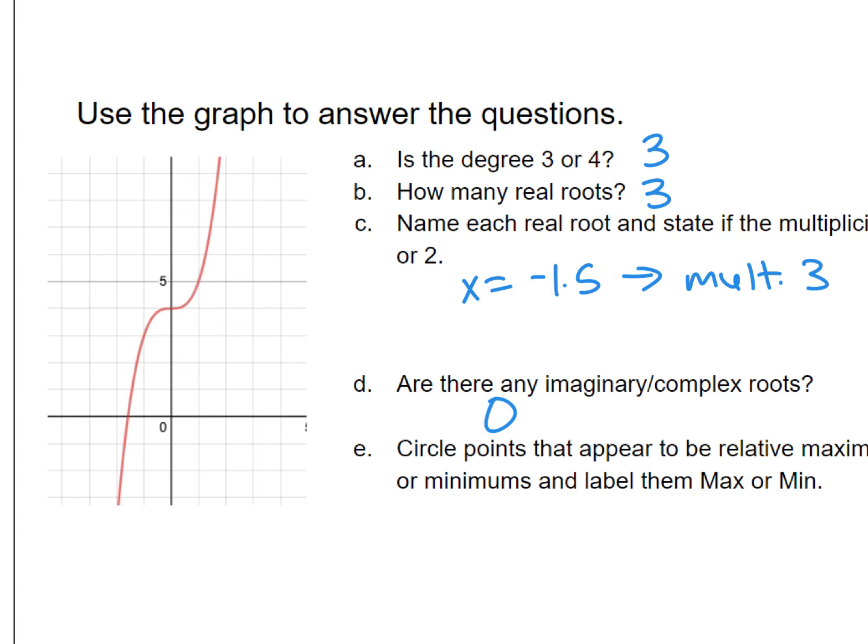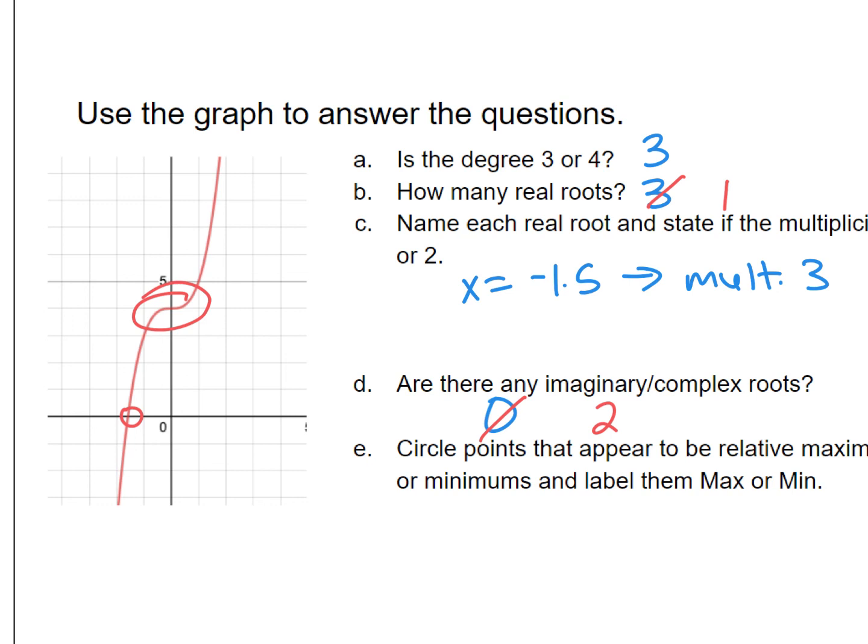That's option 1. The other option that you could have done is you could have said, hey, I think there's only 1 real root because I go through this line and I'm going to call that a 1, which then would mean I had to have how many imaginary? 2. And if you thought maybe that this little bump here was imaginary, I would probably call you right there too.